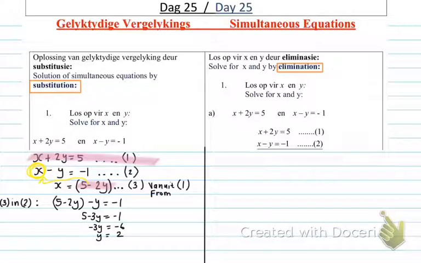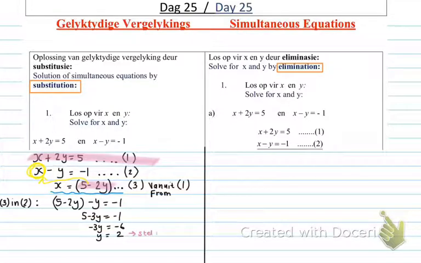Now I have an answer for y, but I don't have an answer for x yet. So I need to find x. Which equation looks nice to put y in? Of course, equation number 3, because x is already alone on one side of the equation and I want x.